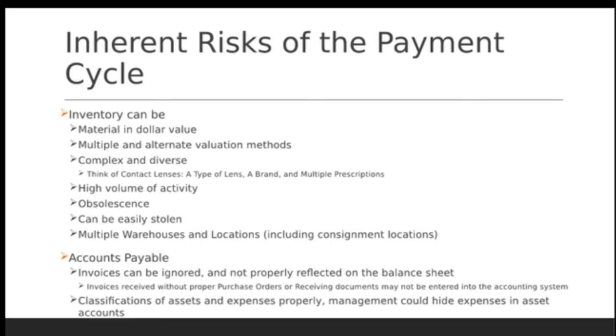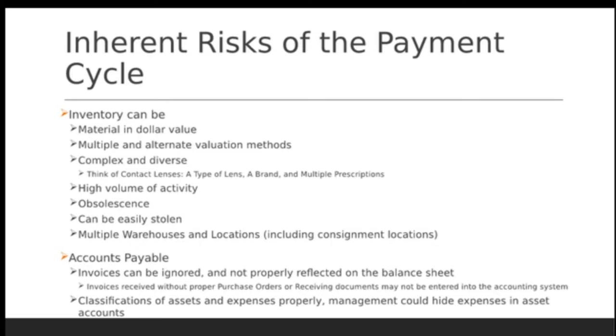Inventory, in fact, when we're talking about the contact lenses, you know what a box of contact lenses would look like. You know how easy that would be to put into someone's pocket, and they could steal it from the warehouse. You might have multiple warehouses and multiple locations. Consignment, maybe hundreds of locations. So these are all inherent risks in the inventory side of the payment cycle.